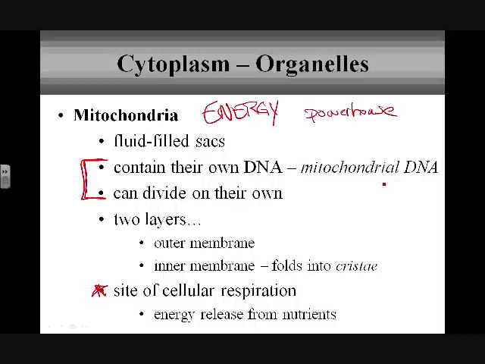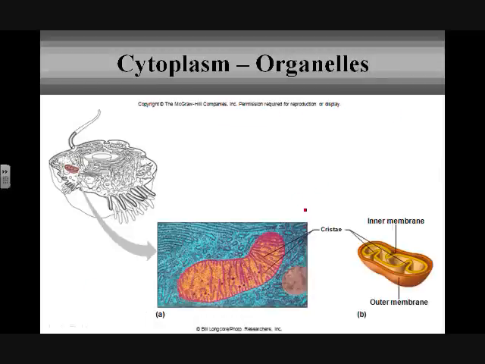Because of that small amount of DNA, they're able to divide on their own. So the cell itself does not need to make more mitochondria when more are needed. The mitochondria can replicate themselves and create more based on energy demands.